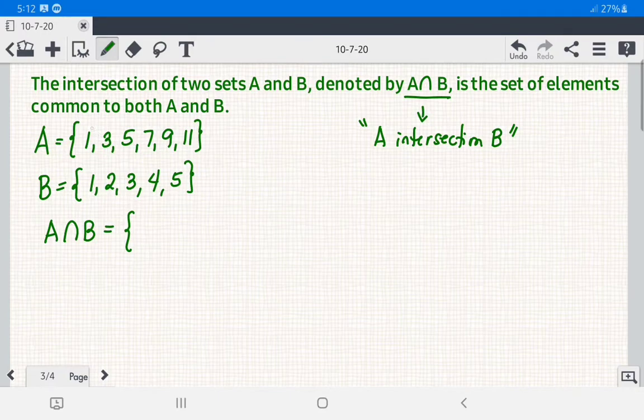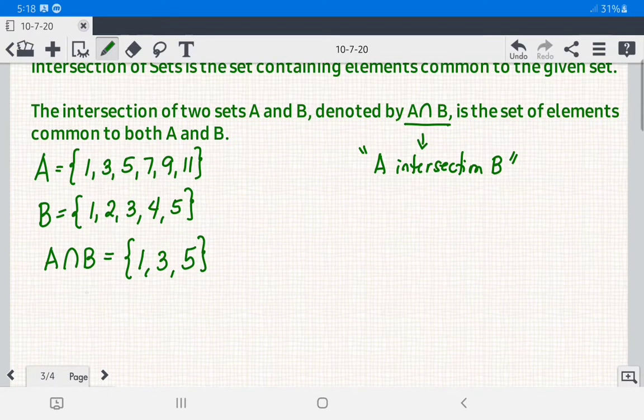For set A, 1 is in both sets. 3 is in both sets. So we have 1, 3. 5 is in both sets. So A intersection B is equal to the elements 1, 3, and 5.